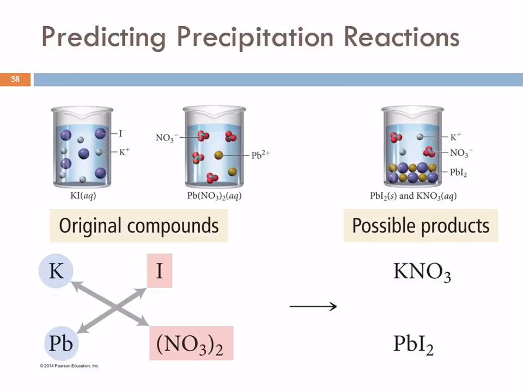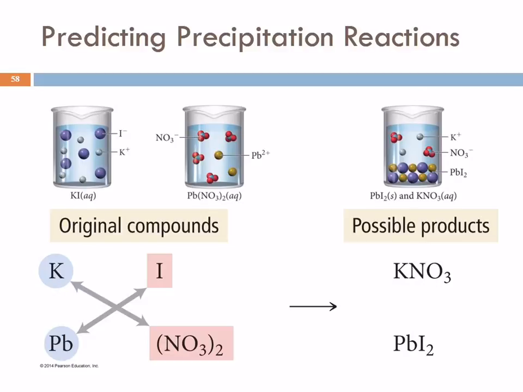So the possibilities here are that we're just going to swap ions. In order for a precipitate to form, it has to be an ionic compound composed of a cation and an anion. So we're going to look at the combination of potassium with nitrate and of lead with iodide, and then we're going to predict whether these are soluble or not. Potassium nitrate. Try to think through that table. Well, potassium is on that first row, right? Potassium compounds are soluble.